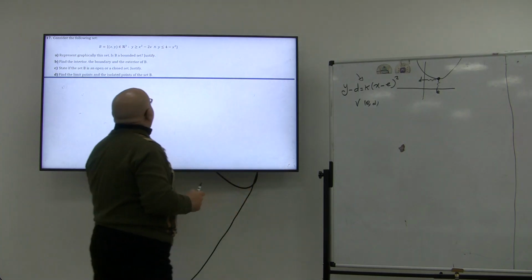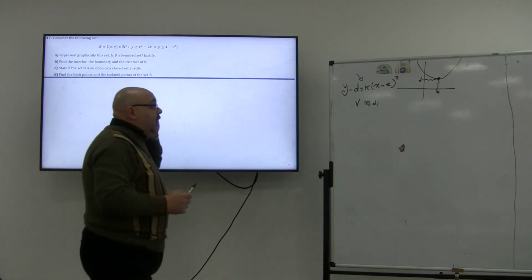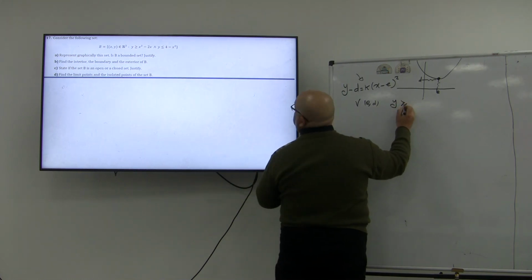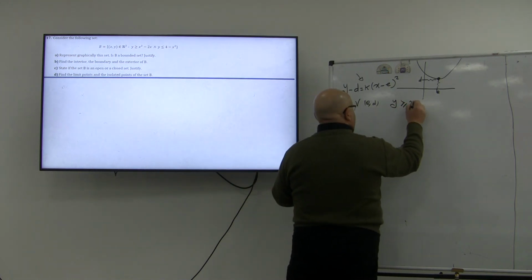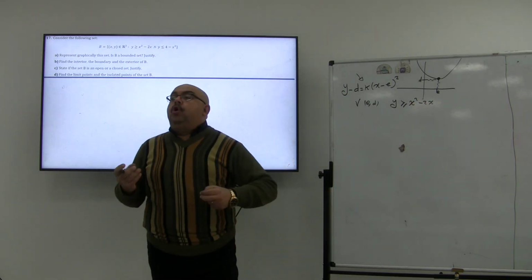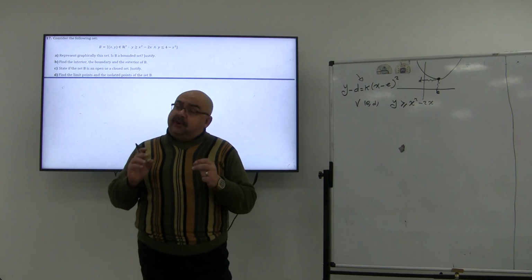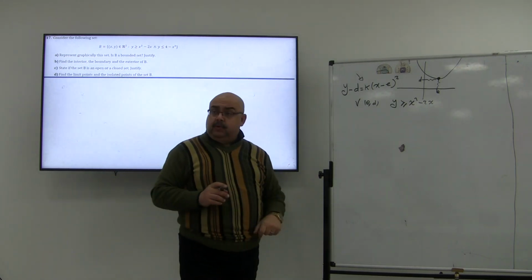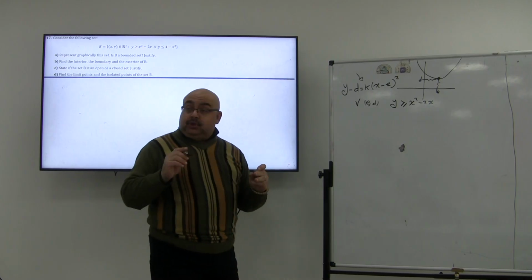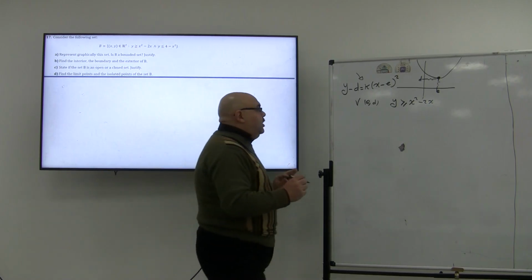So if I look at those curves, the first of them is y greater than or equal to, as you can see, x squared minus 2x. I want to draw it. So let's first try to put it in the normal form. Let's leave the inequality issue and talk about the boundary, the equation by itself.